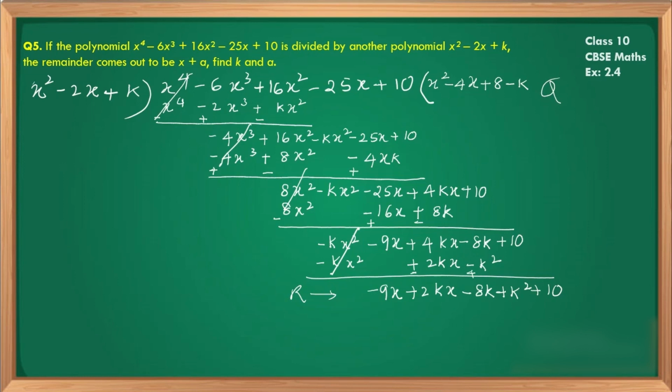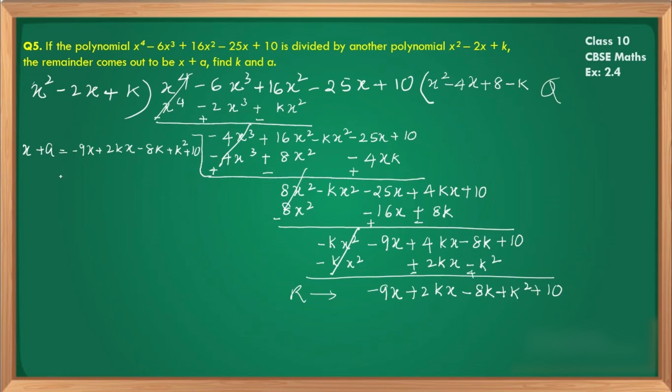Now in the question, the remainder has to be x plus a. This is x plus a. This is the remainder. What we got is this. So naturally x plus a is equal to minus 9x plus 2kx, then minus 8k plus k square, and then plus 10.